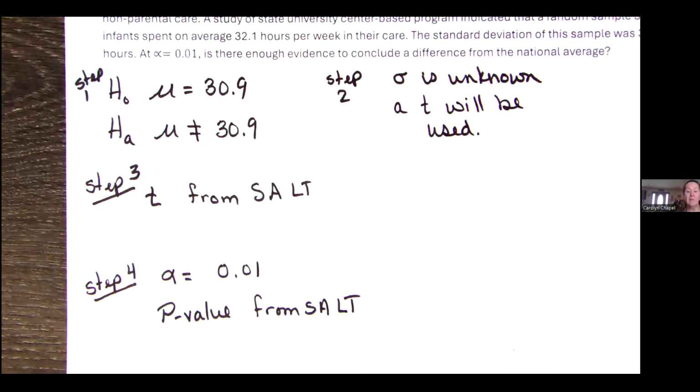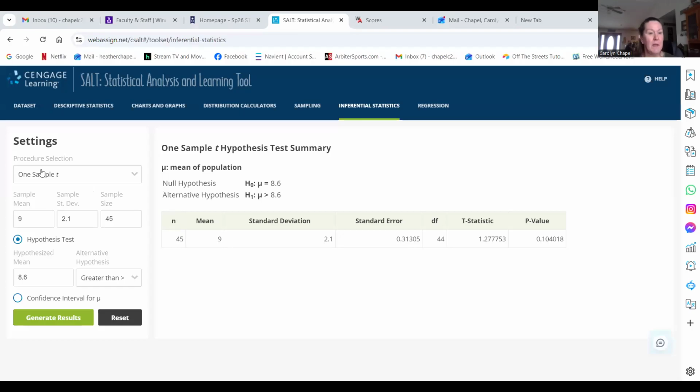So I'm going to go back to our statistical program, which we use SALT in my class. That's what my students have access to. And we are doing a one sample t. Our sample mean was our 32.1.